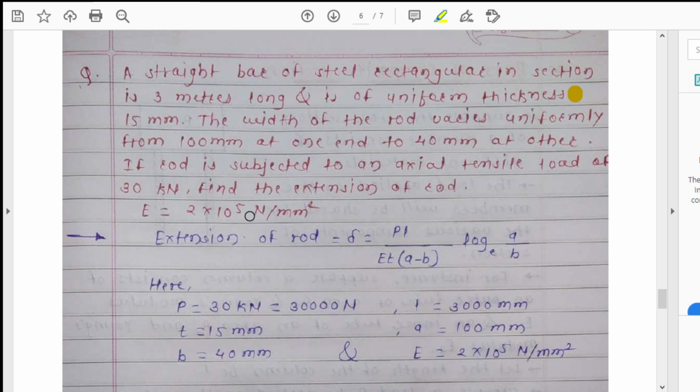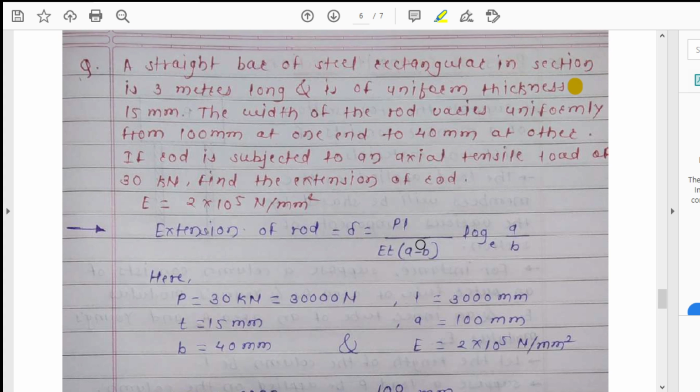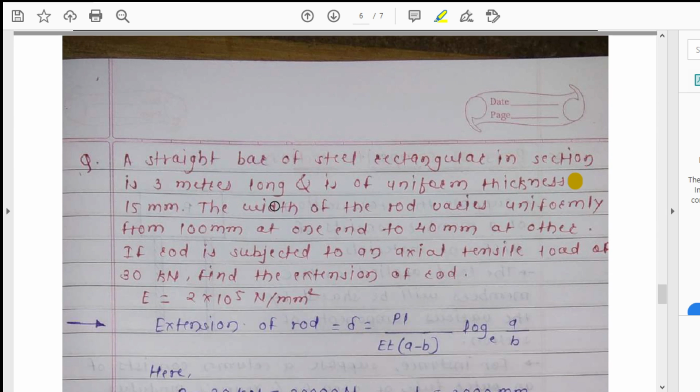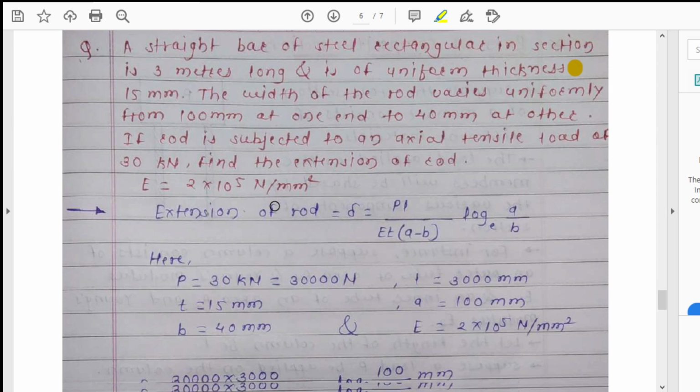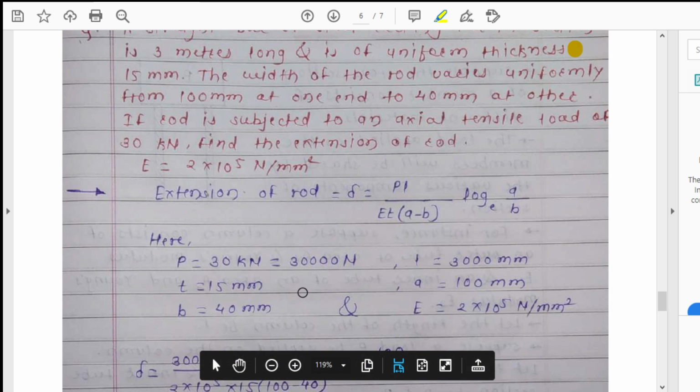E equals 2 into 10 raised to 5 newtons per mm square. Now the extension of that rod can be calculated from this theory. That means delta equals PL upon Et into (a minus b) log of a upon b. Now here P they have given as 30 kilonewtons, that is 30 into 10 raised to 3 newtons. t they have given, thickness is uniform, which is 15 mm.